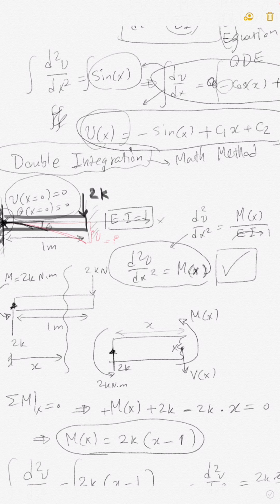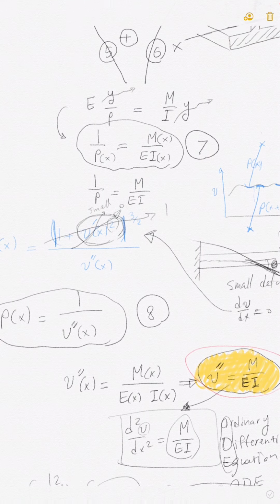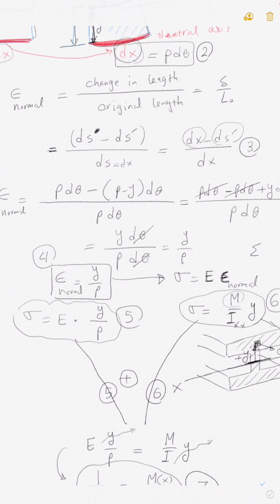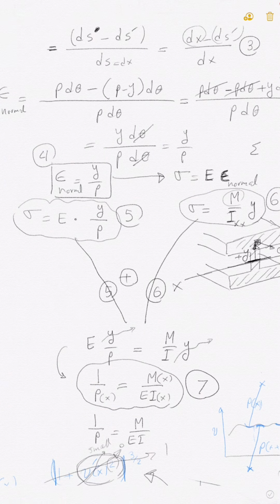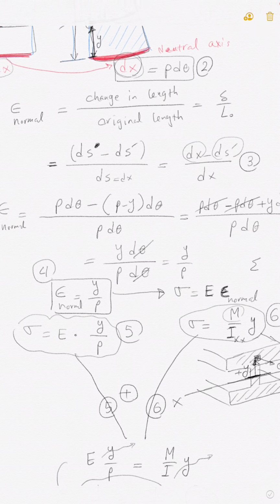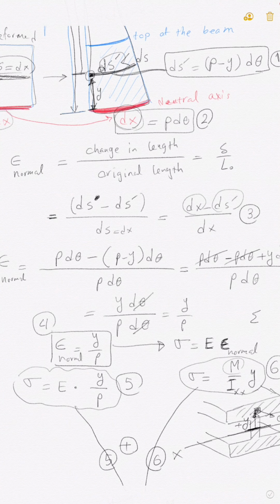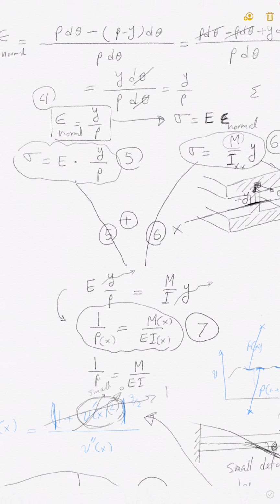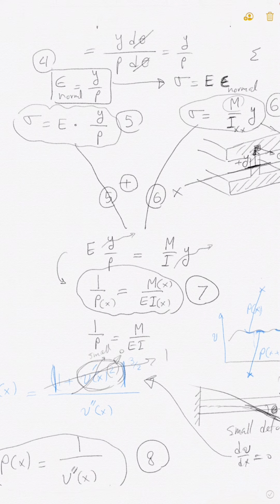And we know from a previous lecture that theta, the slope, was dv/dx. If you don't believe it, prove it using the equation that we had here. You can prove it by using this equation. Let me show it to you. You can prove that by using, where is the curvature equation?